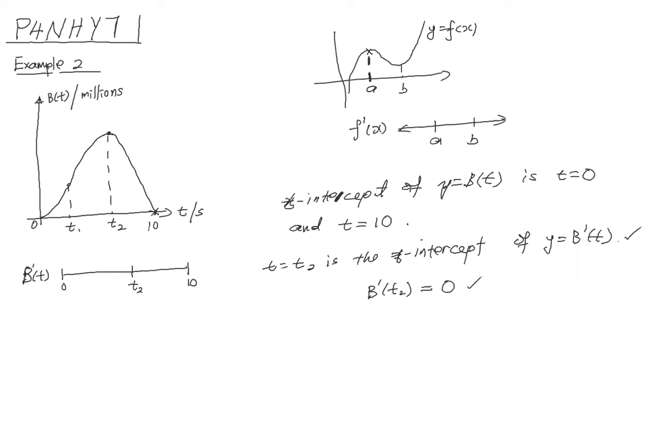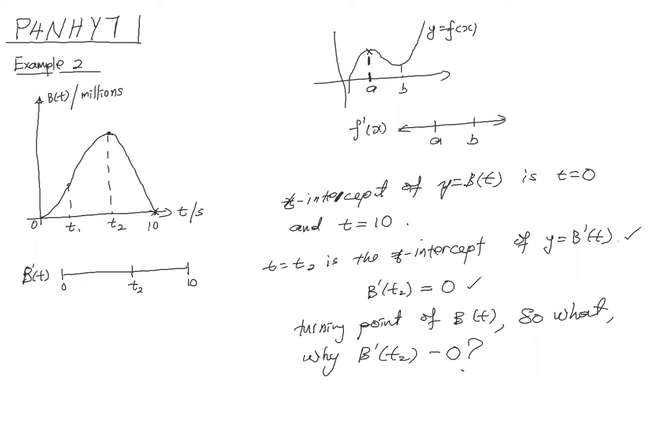Okay, you see, you say turning point. If you say turning point of BT, then I will ask you a further question. So what? You still haven't asked why B prime T2 equal to 0.